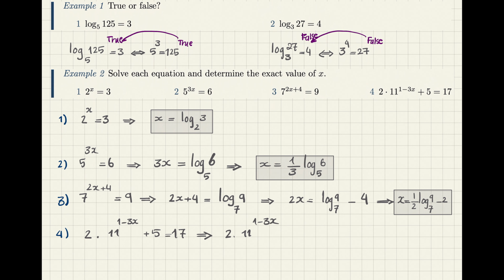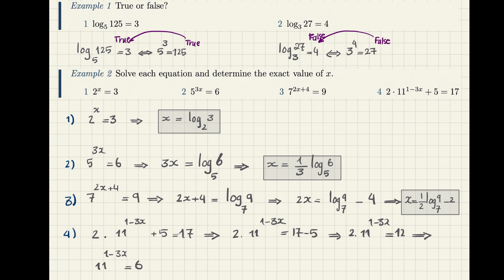Then it becomes 17 minus 5, but 17 minus 5 has a better name, and that is 12. And then I still don't know this package, but I know 2 times that is 12, so that package itself is actually 6. So this becomes 11 to the power of 1 minus 3x equals 6.